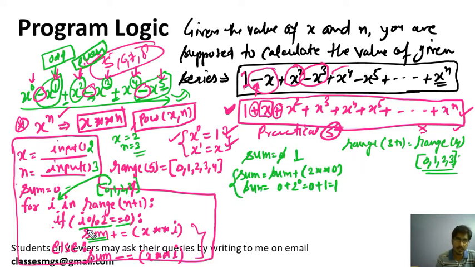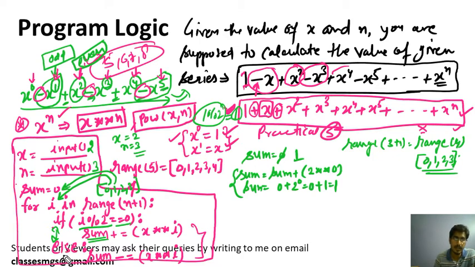Now the else will not execute, the if will execute, because it is divisible by 2. The loop will continue and next time the i value will become 1. So if i becomes 1, then 1 % 2 - is it divisible by 2 or not? 1 is not divisible completely by 2. That's why this is an odd number.